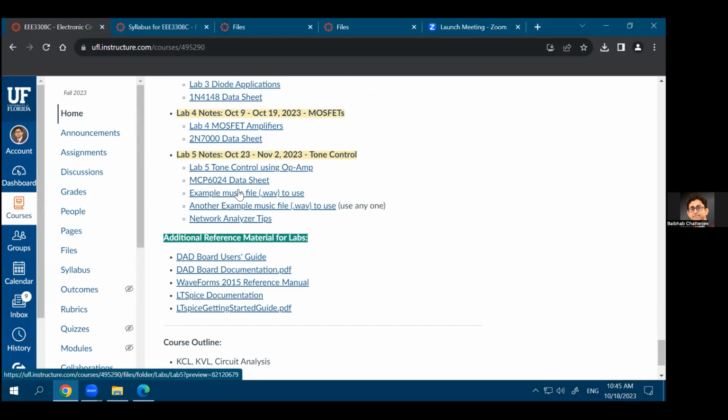I posted 2 examples of music files that you can use in this lab, but you can use any other music file of your own. What you'll do is that using an op-amp, you'll control the tone of that music file. It will be a very fun lab to work with, and please work with your TAs or your UPIs to complete this lab within the next 2 weeks, specifically by November 2.